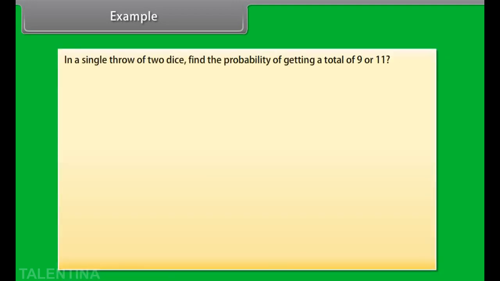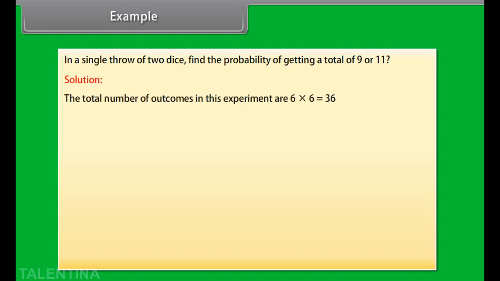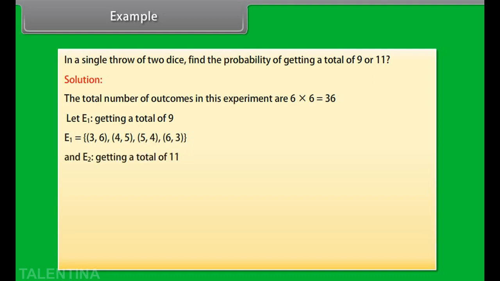In a single throw of 2 dice, find the probability of getting a total of 9 or 11. Solution. The total number of outcomes in this experiment are 6 into 6 is equal to 36. Let E1 be getting a total of 9. E1 is equal to {(3,6), (4,5), (5,4), (6,3)} and E2 getting a total of 11.